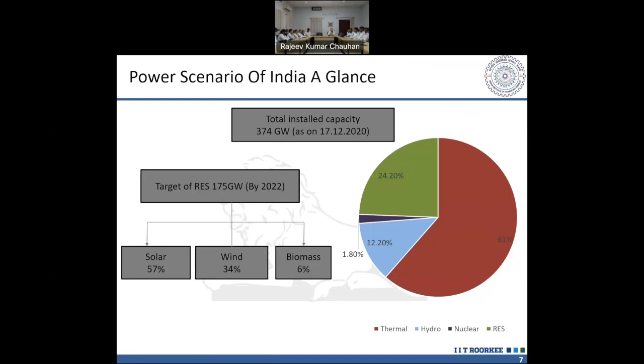In the last 1 to 2 years, a lot of solar has been added. Some big plants have been added. And still it is increasing. So now quite a major area is coming from the renewable side. 24% of the total energy scenario is quite a big amount. And this is the case of the last, I think, 10 to 15 years.